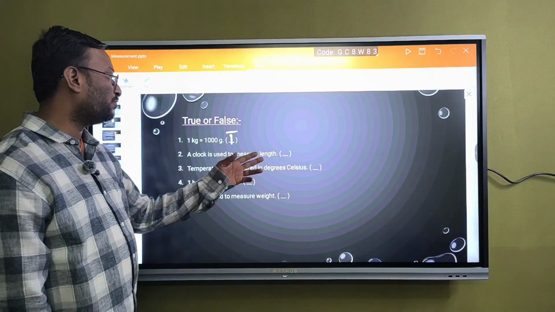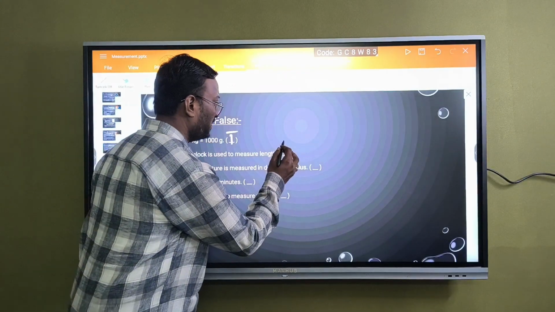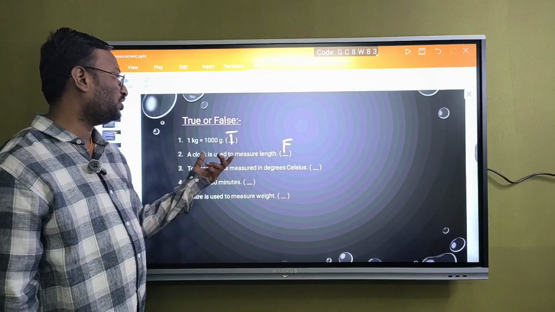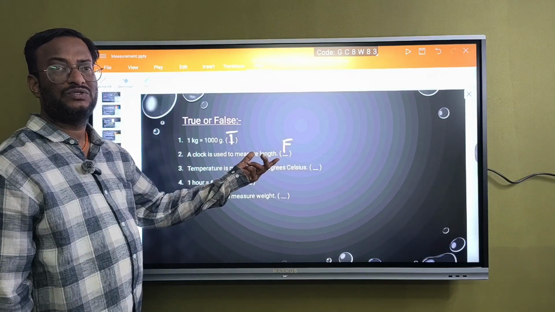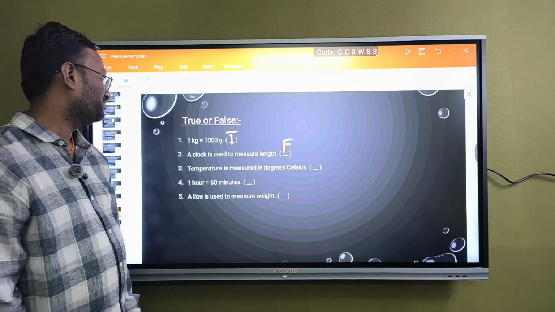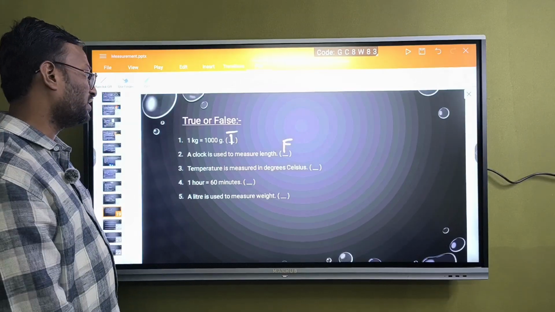A clock is used to measure length. In order to measure length, we use a clock? No, it is false. So what are we going to use to measure length? We are going to use a scale or tape. Ruler, okay, we call it a ruler.